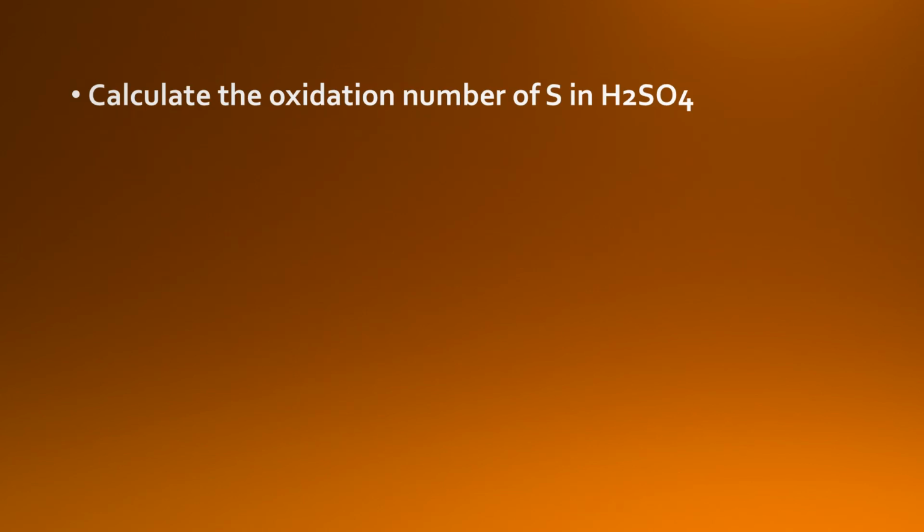Now we want to calculate the oxidation number of sulfur in sulfuric acid. Again, we will write down that there are 2 hydrogen atoms, 1 sulfur atom and 4 oxygen atoms, and our equation will be that the sum of these charges must equal 0. One hydrogen atom carries the +1 charge, so there are 2 hydrogen atoms and we will multiply by 2, and write down sulfur as such.